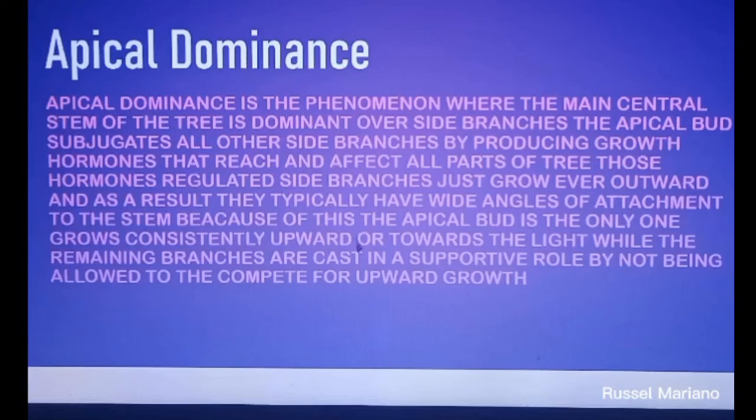Those hormones regulate side branches so they grow ever outward, and as a result they typically have wide angles of attachment to the stem. Because of this, the apical bud is the only one that grows consistently upward or towards the light, while the remaining branches are cast in a supportive role by not being allowed to compete for upward growth.